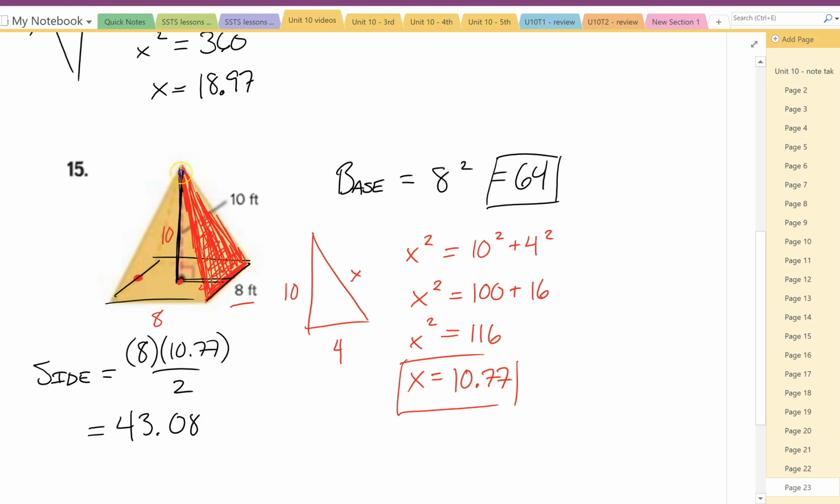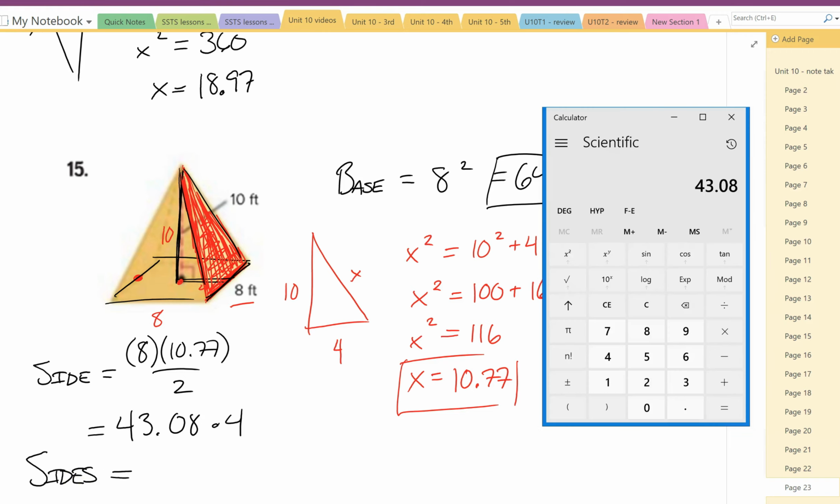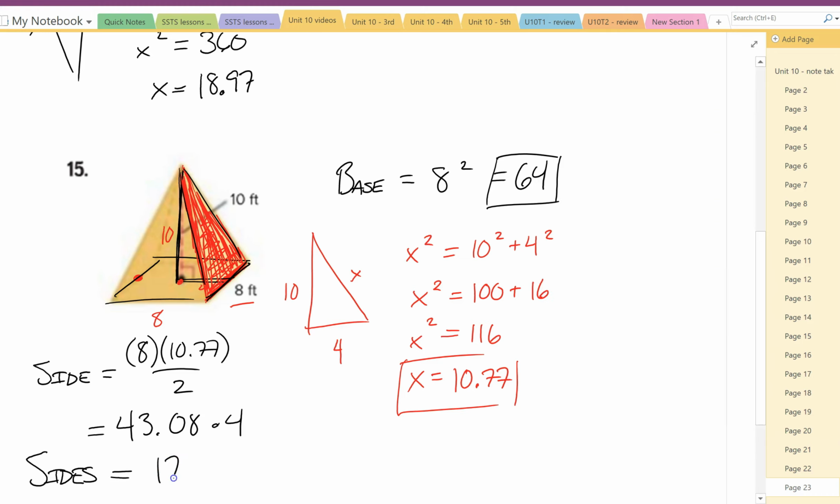That's one of the sides of the pyramid, but I have 4 of them, so I need to multiply that by 4 to get the total surface area of all 4 sides. 172.32.